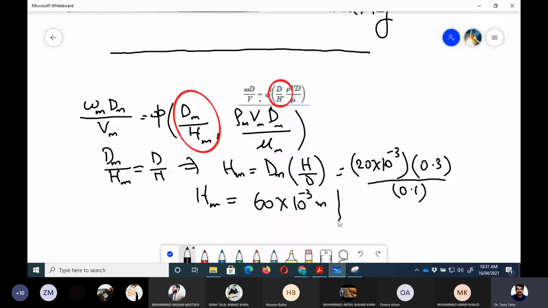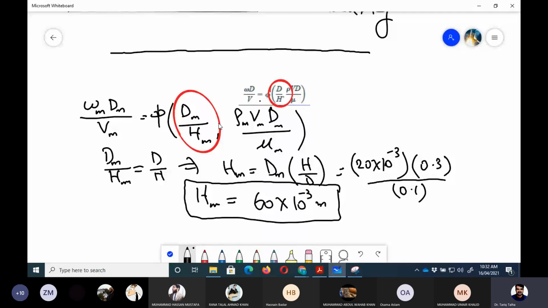So now one thing we can easily see that once we have scaled it down, we didn't only change the d variable, we also changed the h variable accordingly, so that these two ratios for the actual system and the model are equal, right?